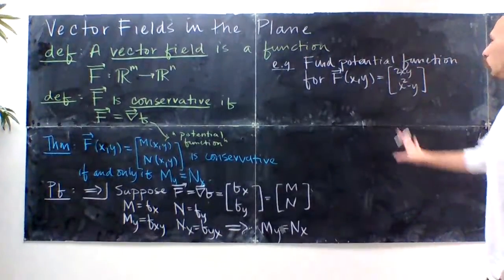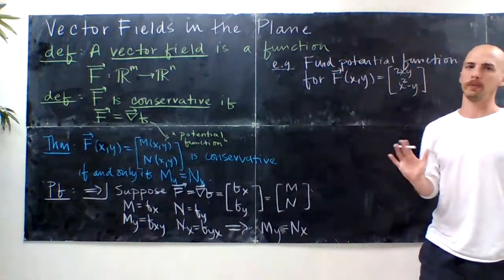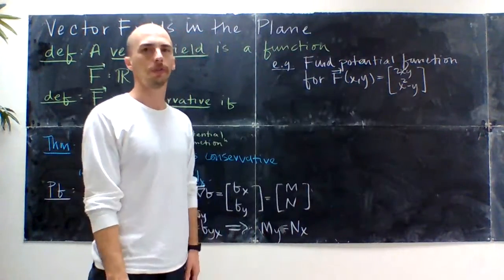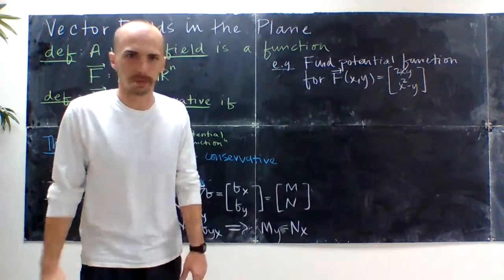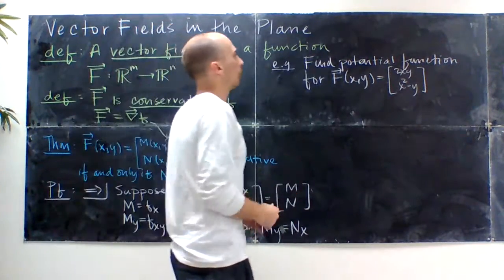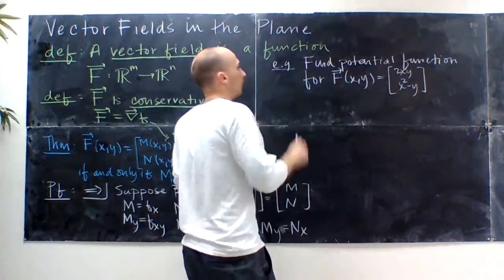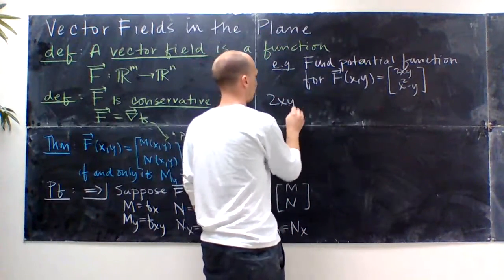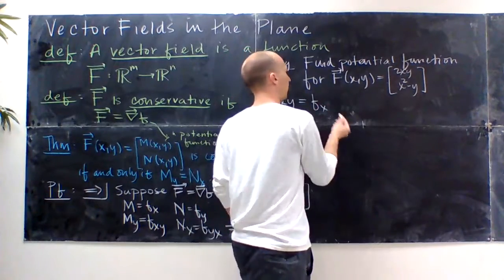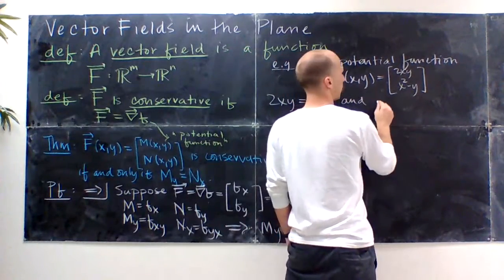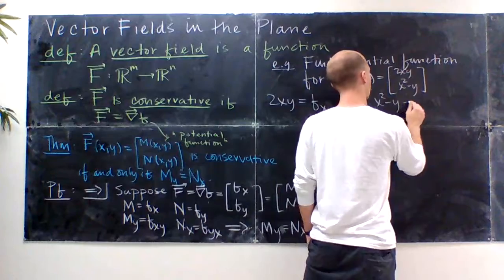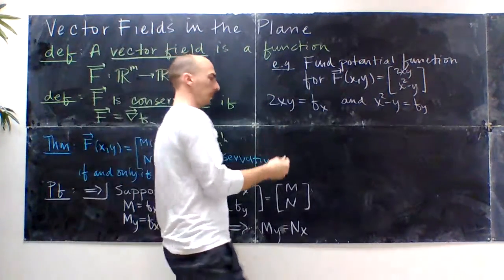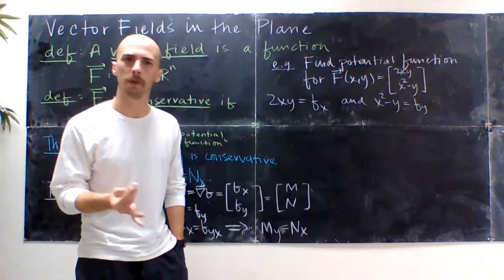Really, at its core, this problem is very similar to an indefinite integral in single variable calculus. We're trying to find an antiderivative in a sense. So if this thing is the potential function, then 2xy is equal to f_x, and x squared minus y is equal to f_y. That gives us a little system of equations.